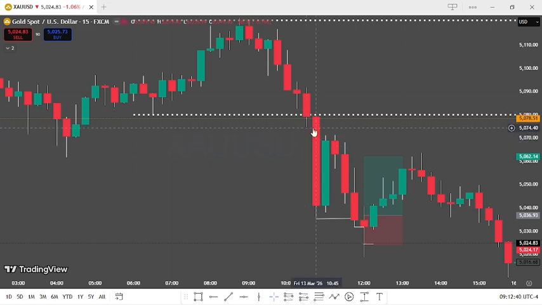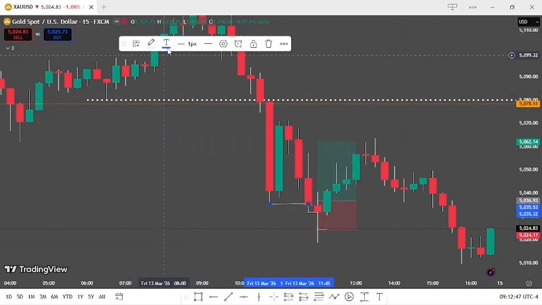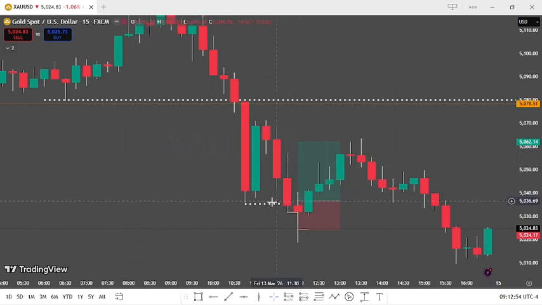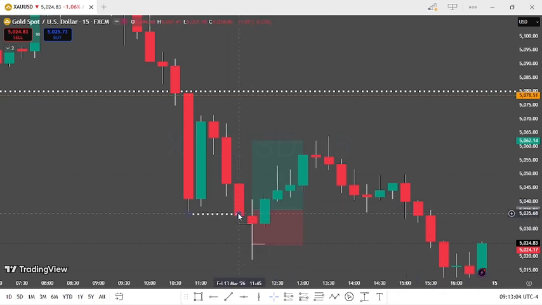Okay, so once this candle dropped right here, this became my new CRT leg that I will wait for price to close below. Okay, I will wait for price to close below this one, and if you check, if I changed these dotted lines, you will see that this bearish candle closed outside this candle low.